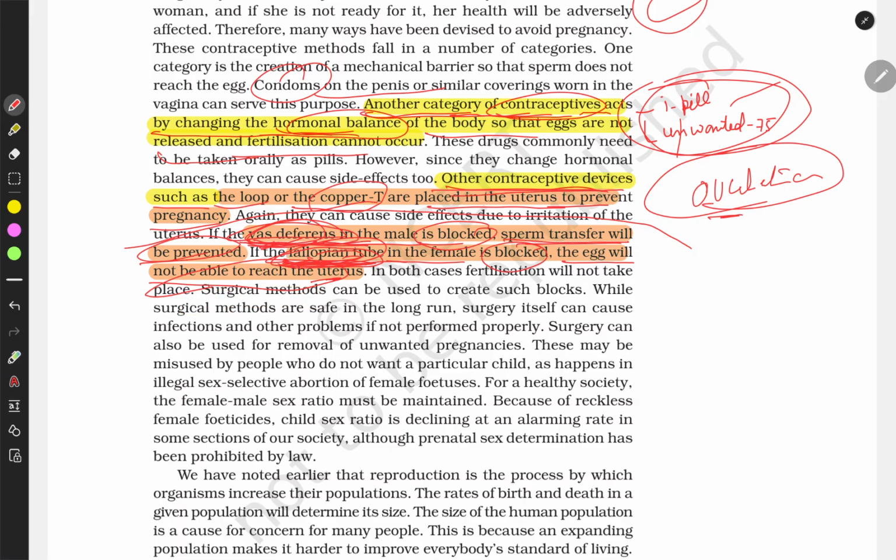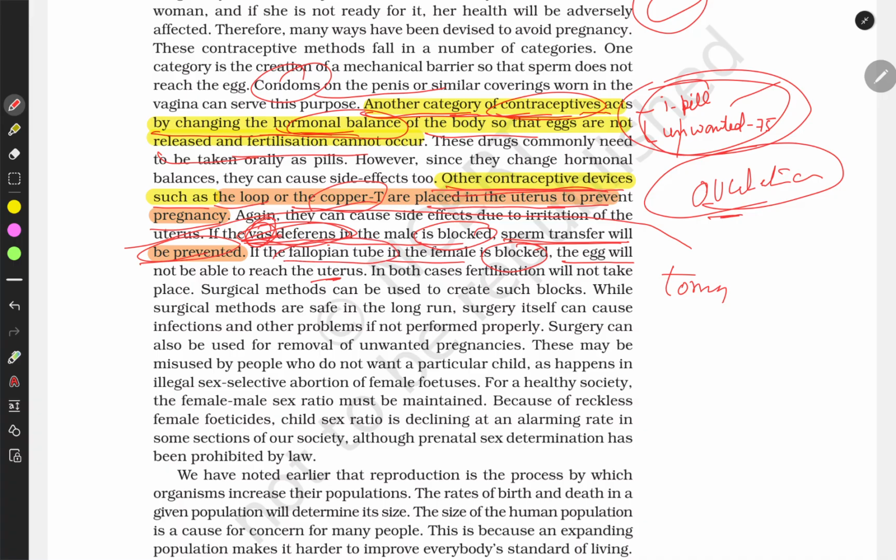We also have a separate name for this. This is vas deferens. This is called vasectomy. Tomy means cut. So vasectomy is when the vas deferens is cut, and this is called nasbandi in Hindi.